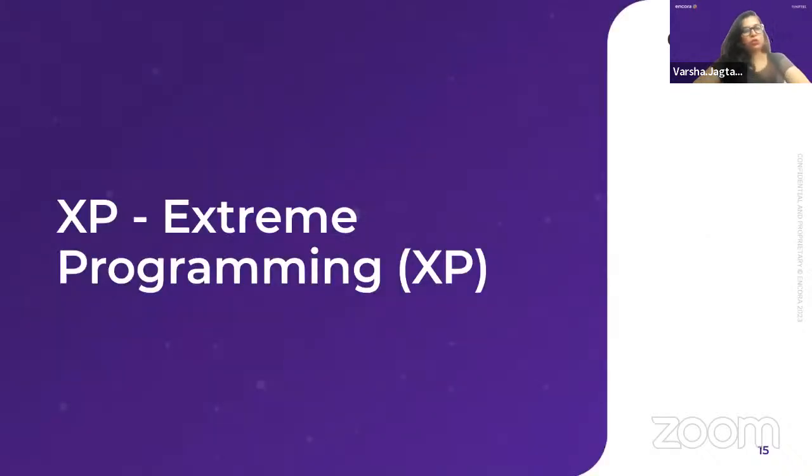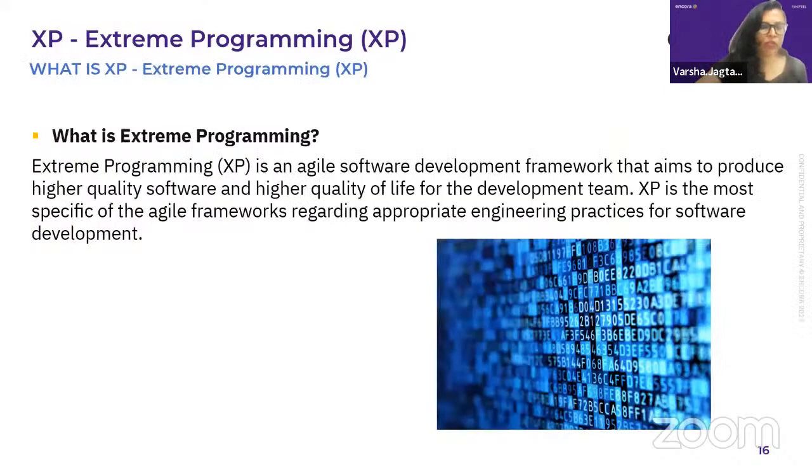Okay. So after Scrum and Kanban, we have extreme programming. For extreme programming, as the name suggests, it is actually software engineering concepts which are practiced to the extreme levels. So you will see what exactly those are.